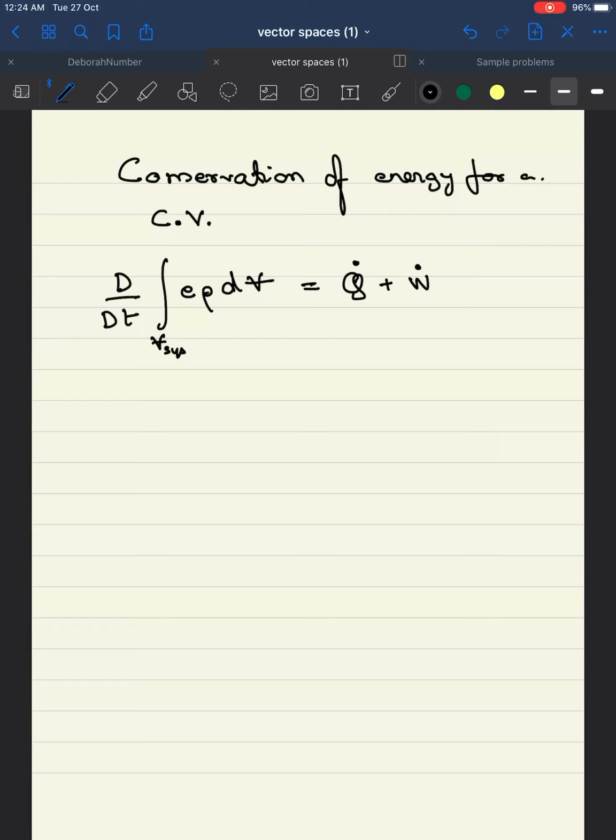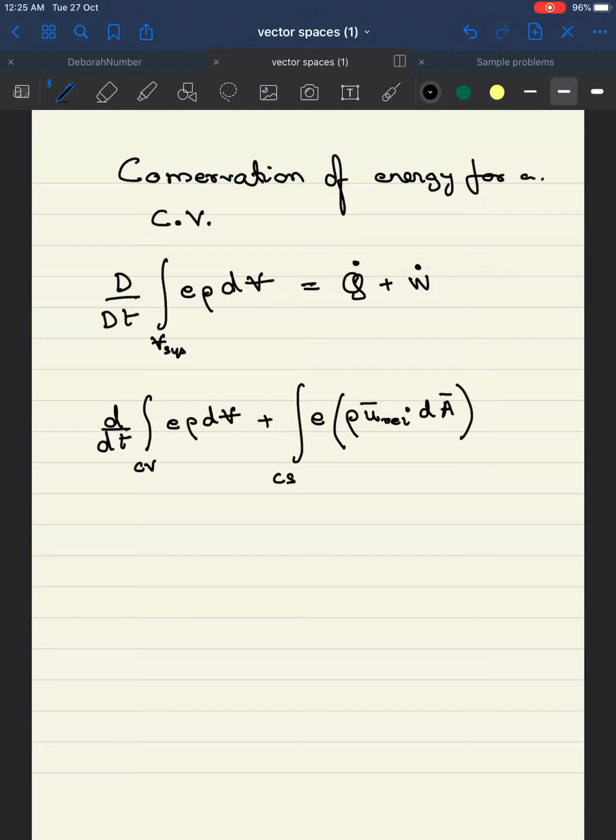Okay, so now if we apply the Reynolds transport theorem, what do you get? You get d/dt of the integral over the control volume of e rho dV, plus the flux through the control surface, where beta is now just e. So you have rho e, then U rel dot dA.